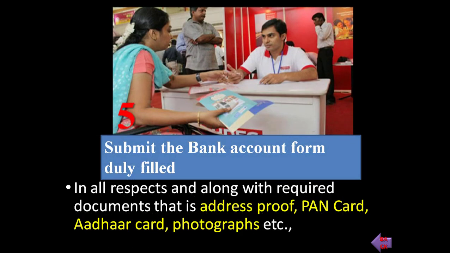And the fifth one, submit the bank account form duly filled in all respects and along with the required documents, that is address proof, PAN card, Aadhaar card, photographs, etc. These are the other documents you have to submit to open the bank account with the application form duly filled.